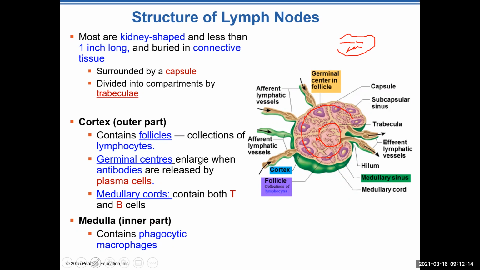Let me erase this so that you can see these yellow things. These are all trabeculae. These trabeculae are important, right? They are connective tissue strands. They divide the lymph nodes into various compartments. Look at this. So lymph nodes are divided into various compartments by the trabeculae, right?